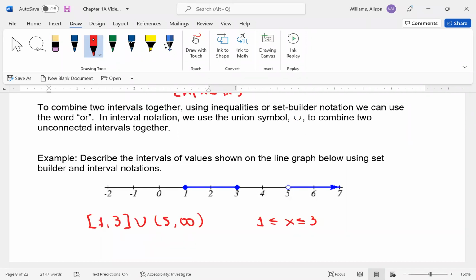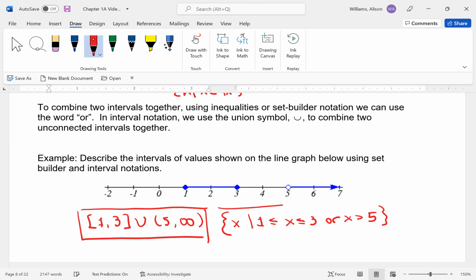And then also x is bigger than 5. So we use the word or because both of them are being included on this number line. It's numbers between 1 and 3 or bigger than 5. And then in set builder notation, we would do the x bar and the squigglies. So here's the interval notation and here's the set builder notation.